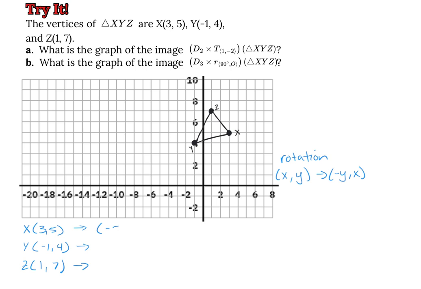So this will become negative 5, 3, negative 4, negative 1, and negative 7, 1. So this is my X prime, Y prime, Z prime. I can graph those. So my X prime, Y prime, and Z prime.